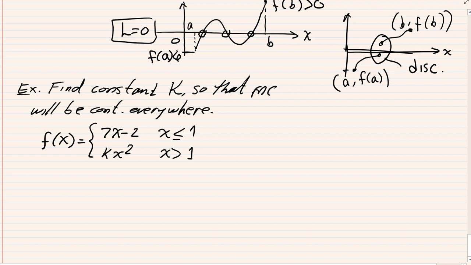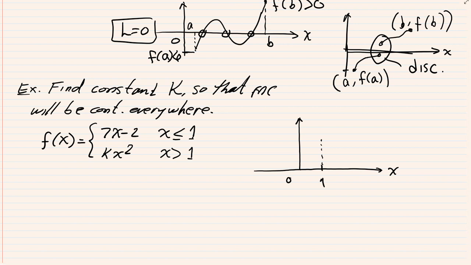Okay, so if I actually graph this now, for values of x less than 1, the graph behaves as a line. So let's say here's where 1 is, and there. For x less than or equal to 1, it's going to behave as a line, and the slope is 7, so this is very steep.